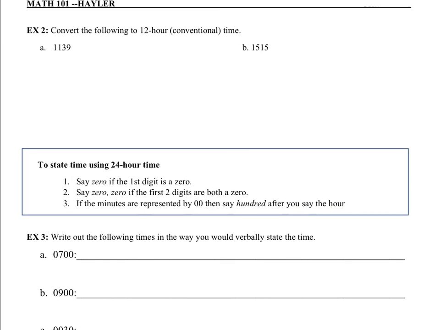Okay, so now we're going to convert from 24-hour to 12-hour. Converting from 24-hour to 12-hour, the first thing you want to do is check if the first digits are bigger than 12.